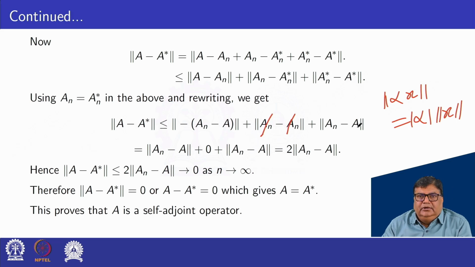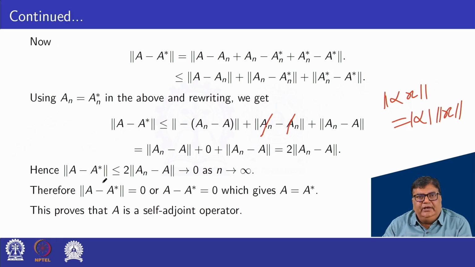And we have this norm An minus A. Therefore, this is equal to 2 into norm of An minus A. Hence, norm A minus A star is less than or equal to 2 into norm An minus A. And An converges to A, that is, norm An minus A tends to 0 as n tends to infinity.